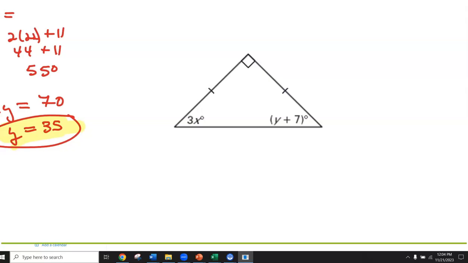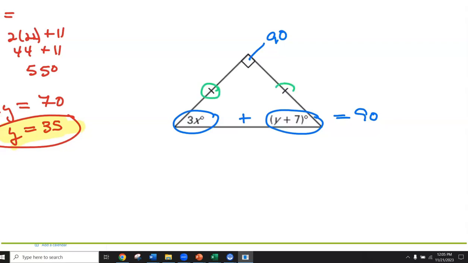Okay, what do we know here? Well, this is kind of a tricky question. This is 90. So what do I know here? I know that these two angles, when I add them together, have to equal 90, so that I have 180 degrees inside. But what else do I know?